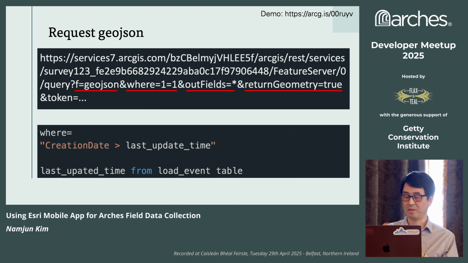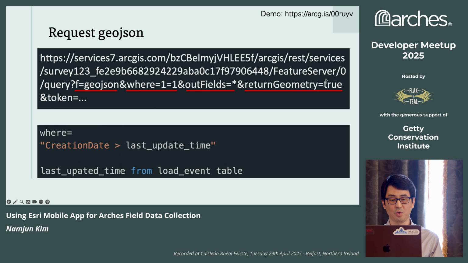Next you can ask for the GeoJSON, so format equals GeoJSON. I'm not sure you can see the pointer here, but the where clause is 1 equals 1, so basically it's always true. It's Esri's way to say that I want everything, because the where clause is required. Out fields is I want all the fields with the geometry.